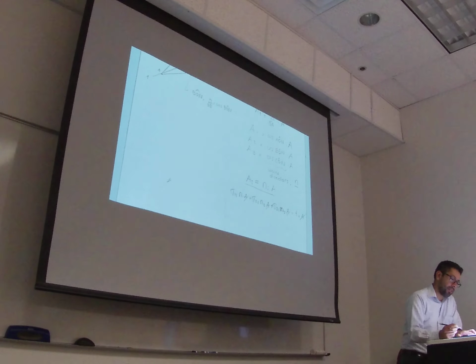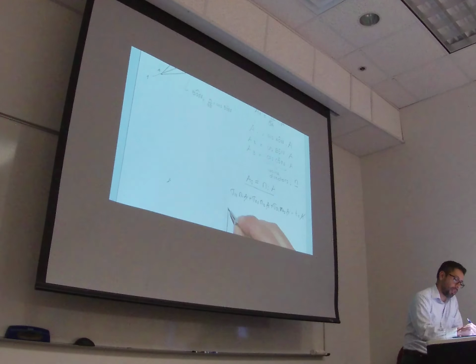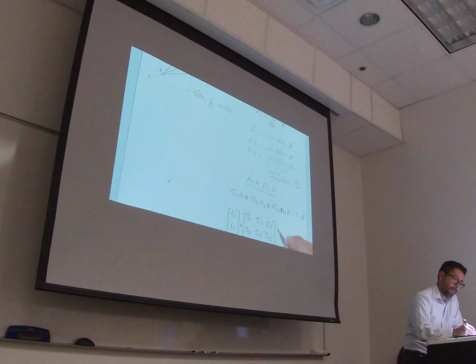And we can generalize this and say that the elements T1, T2, and T3 are going to be a product of the stress tensor times the direction cosines of the vector n.